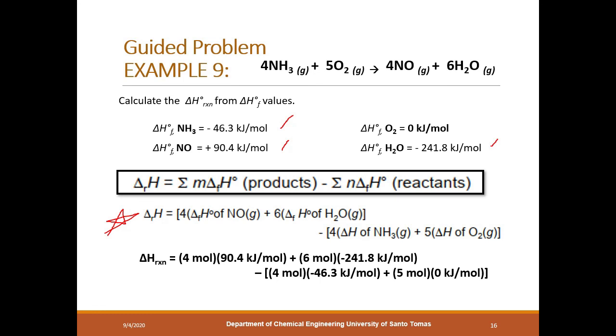Then we subtract from that the 4 moles of ammonia multiplied by negative 46.3 kilojoules per mole, and of course the heat of formation coming from oxygen, which is zero. In this case, our final answer is negative 904 kilojoules as the standard enthalpy of reaction for this given reaction of the oxidation of ammonia.